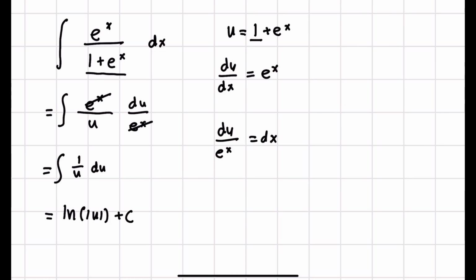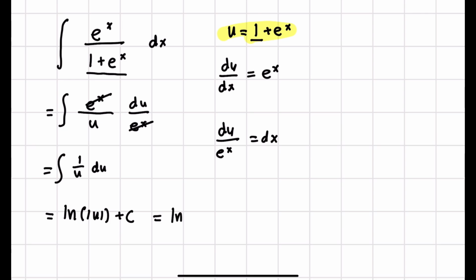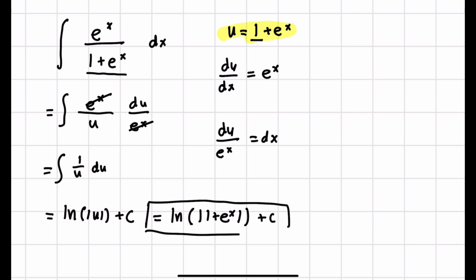And then now we simply have to substitute our u value. So our u value here is 1 plus e to the x. So this is equal to ln absolute value 1 plus e to the x and plus c. And here is our final answer.